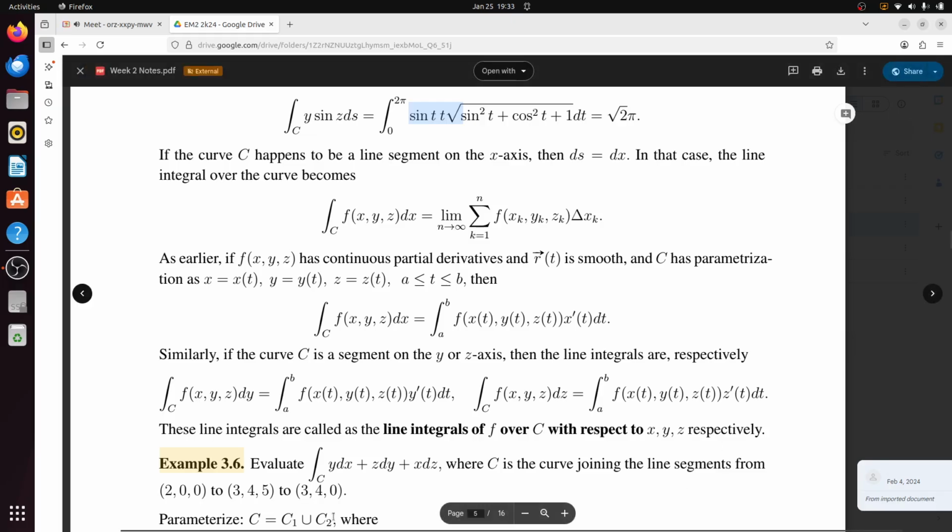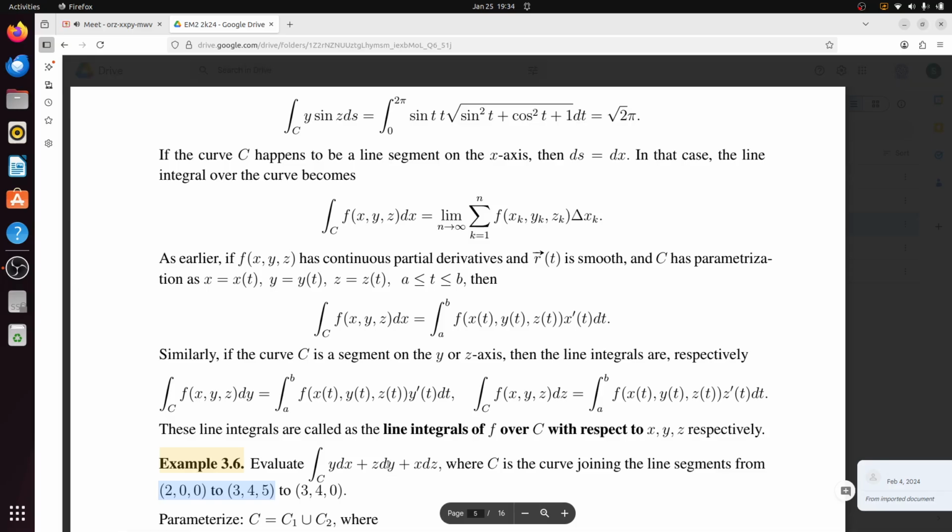The line segments are from (2,0,0) to (3,4,5) and then (3,4,5) to (3,4,0). So first you integrate over (2,0,0) to (3,4,5), and then (3,4,5) to (3,4,0).